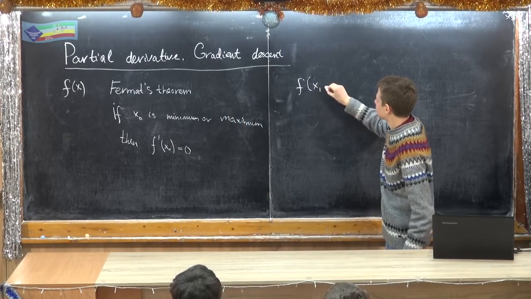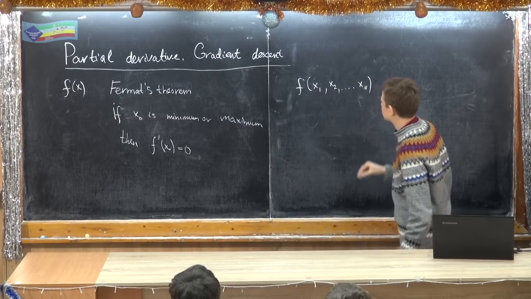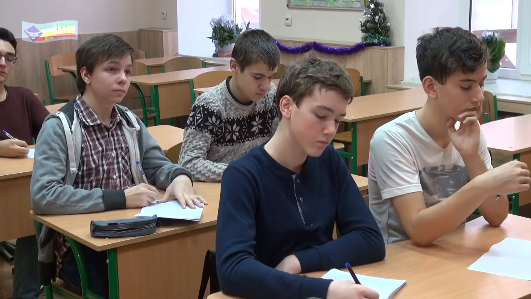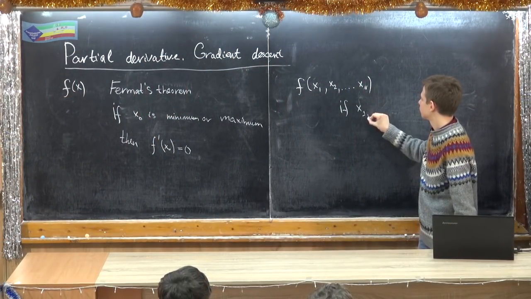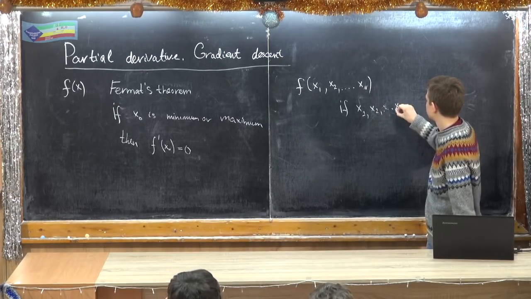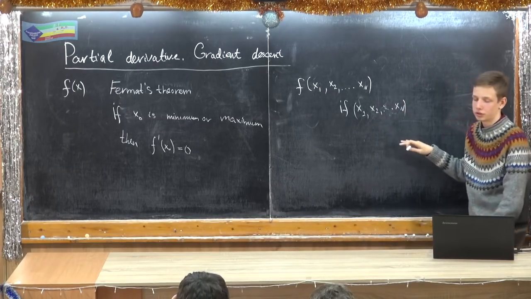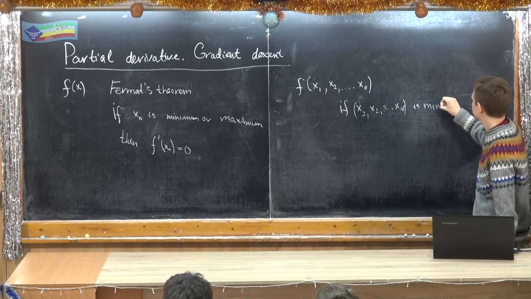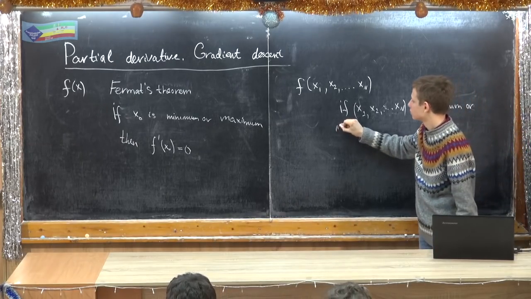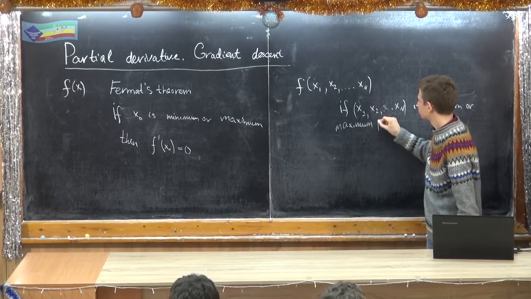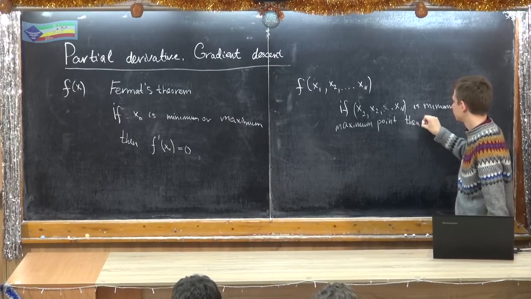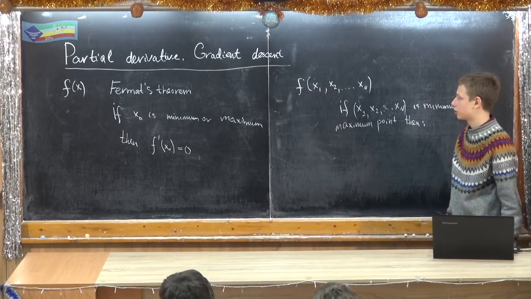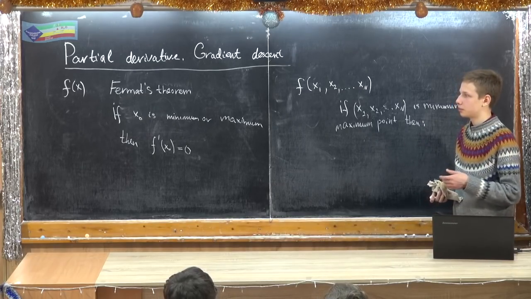So if we have a function of several variables, and some point, so this is some point in multi-dimensional coordinate space, is a minimum or maximum point, then there we had derivatives just equal to 0, but because we have several variables, now we use partial derivatives.